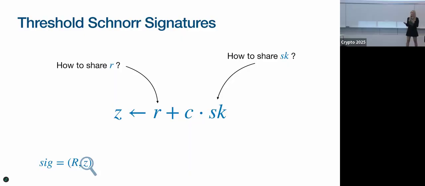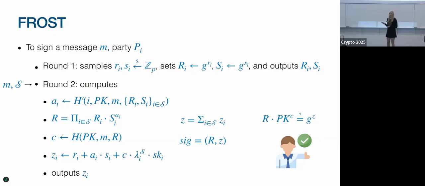Okay, so for the basic structure of threshold Schnorr signatures, when you look at this equation, you know that you need to share the secret key somehow. So this is your trusted key generation, or DKG. But you also need some way to share the overall nonce. So now we'll look at how FROST does this.